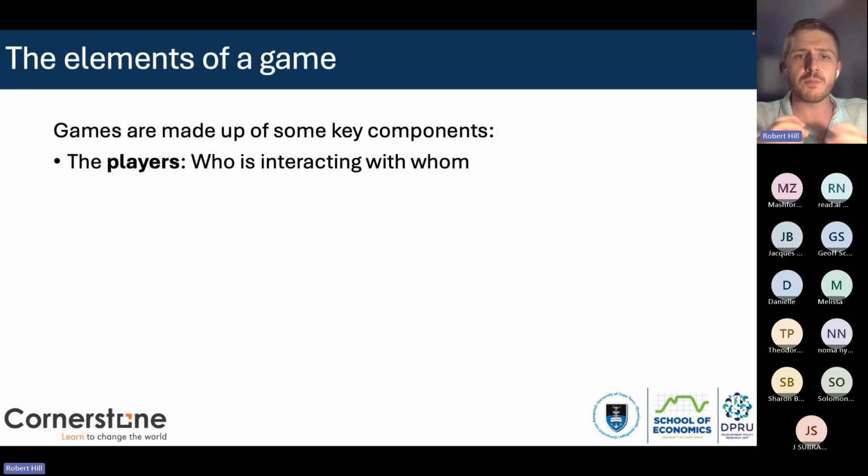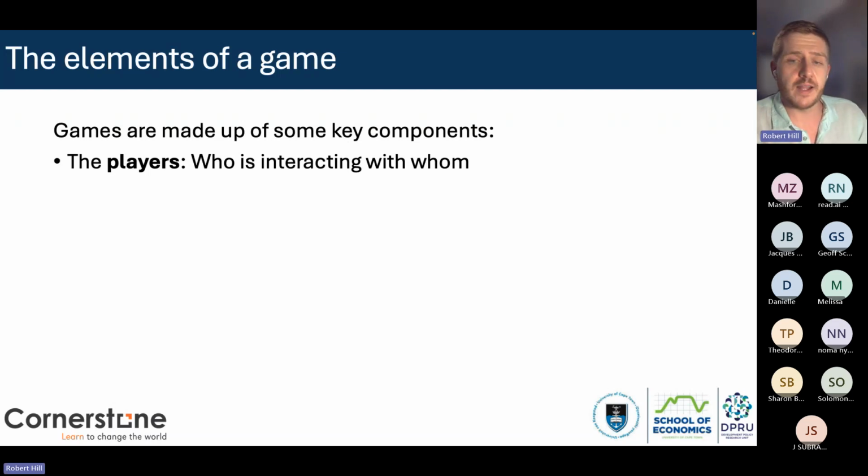Who is going to be playing this game? Who is in the strategic interaction, right? In the example of this particular environment where I'm presenting to you, the players are myself and you, right? You as the audience are players in this game, in this interaction. So we need to be able to essentially identify who this impacts, who are the people involved.